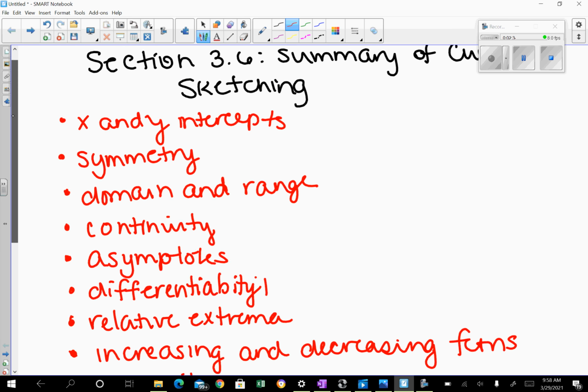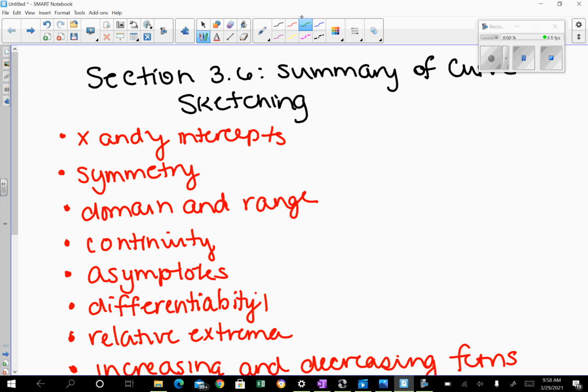So these first few are in the preliminary section of the calculus book.